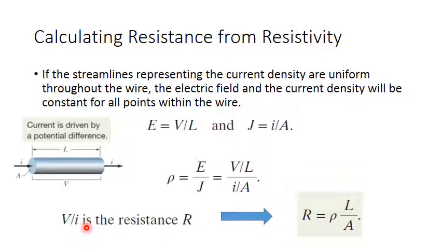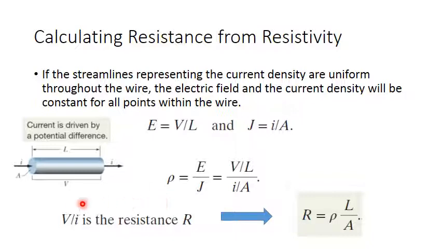So V over I is the resistance. So in this case, R equals the resistivity of the material multiplied by the length of the sample over the cross-section area of the sample. That's why when we apply the electric potential from this side to this side and measure the current flowing in this way, we find a certain value of resistance.